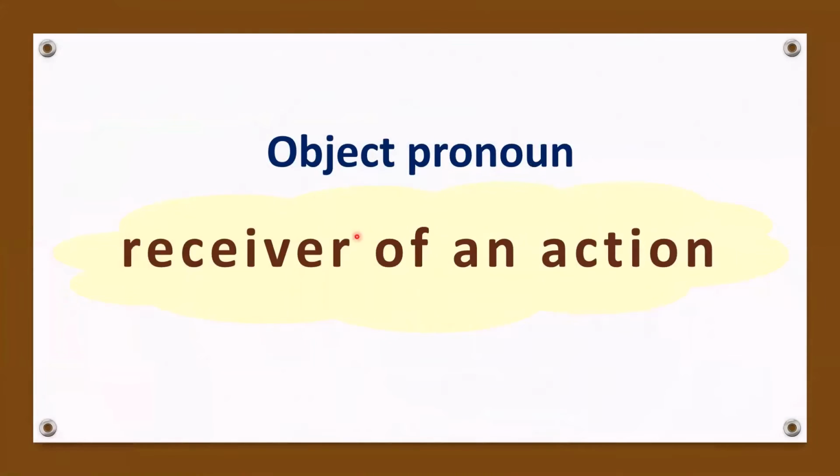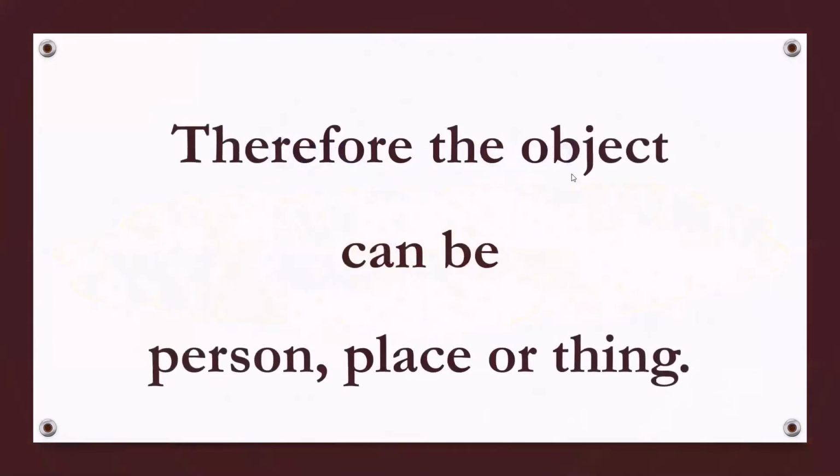The object refers to the receiver of an action. The effect of the action is falling on whom? Who is affected by the work done in a sentence? That is known as the object. Therefore, the object can be a person, place, or thing.